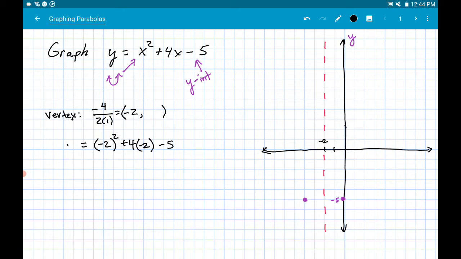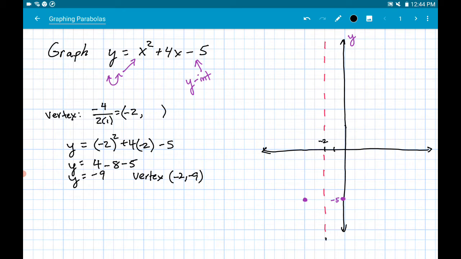And that's going to give me the y value that's associated with that x value. So I got 4 minus 8 minus 5. And it looks like I have -9. So the full-on vertex is going to be -2, -9.